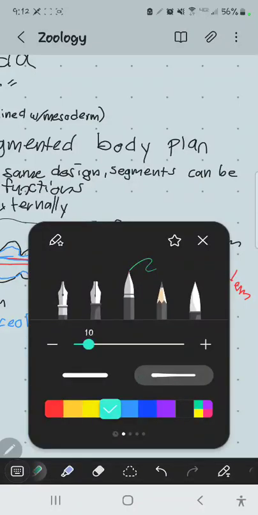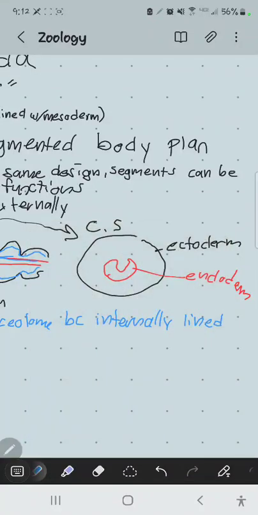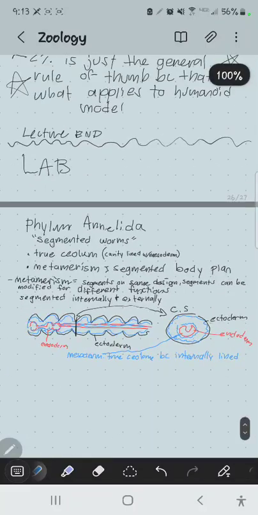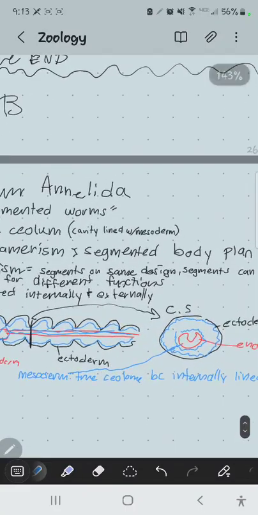And that's what results in this being a true coelom. Very important feature. So all of the rest of the organisms that we see this semester are true coelom organisms. So it's going to be the common feature for everything for the rest of the semester. Having a true coelom is the thing.